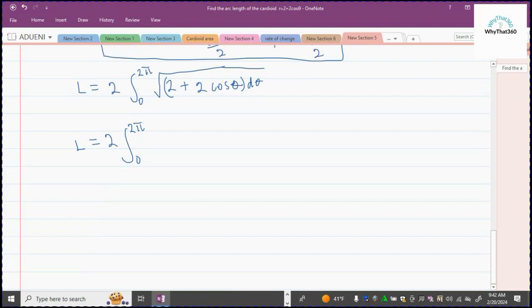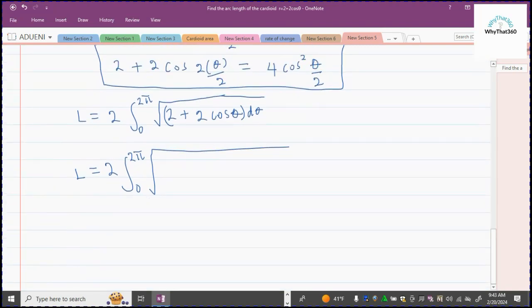Then here we are going to get 4, don't forget this, times the square root of (2 plus 2 cos theta), and we are now saying the whole of that is equal to 4 cos squared of theta divided by 2, d theta. Is everything okay?